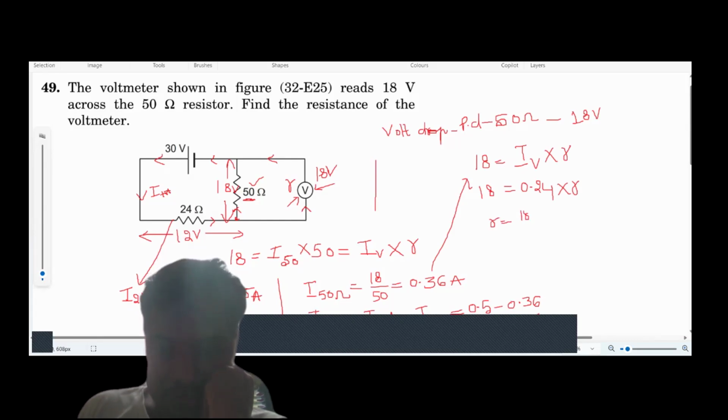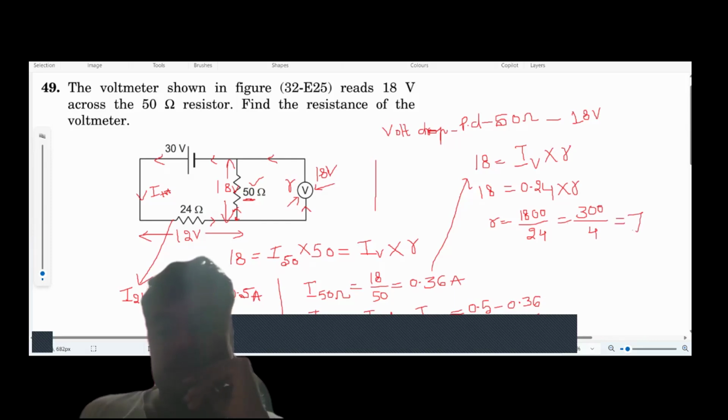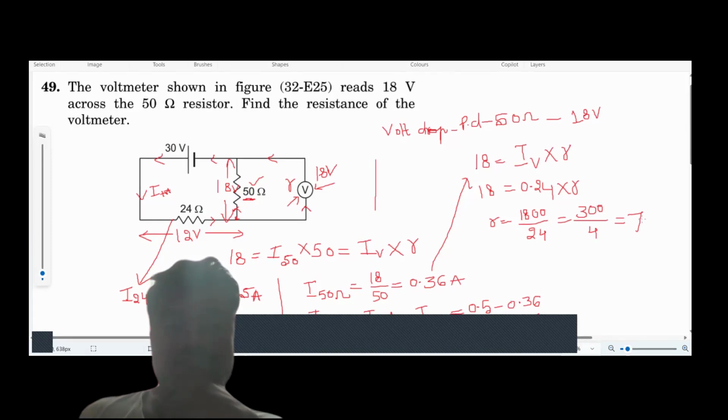R is equal to 1800 divided by 24 for simplification, that is 300 by 4, which is going to be 75 ohm.